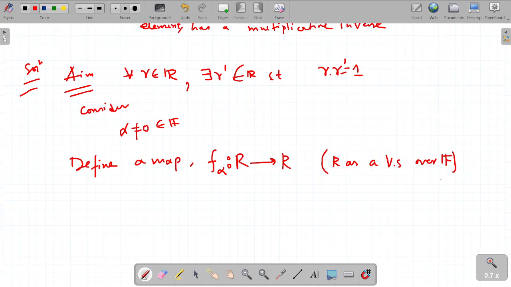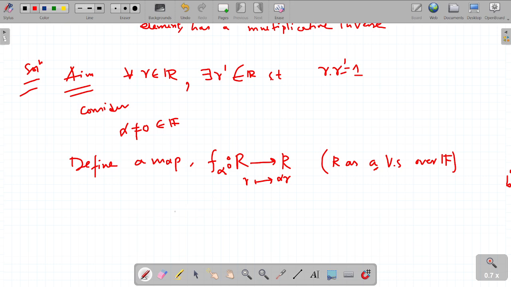And what this mapping is doing, this mapping is taking r to alpha r, where alpha is fixed.